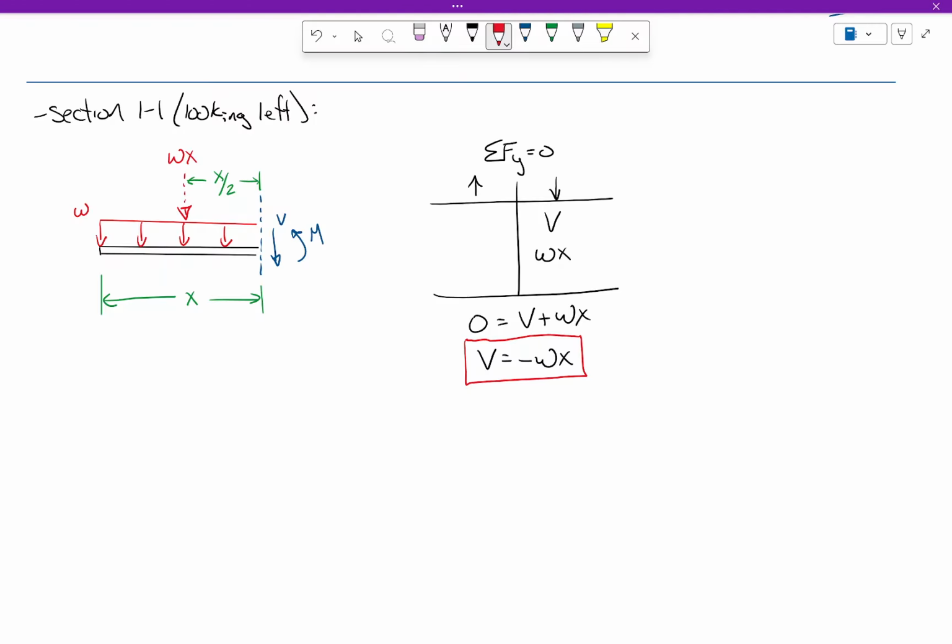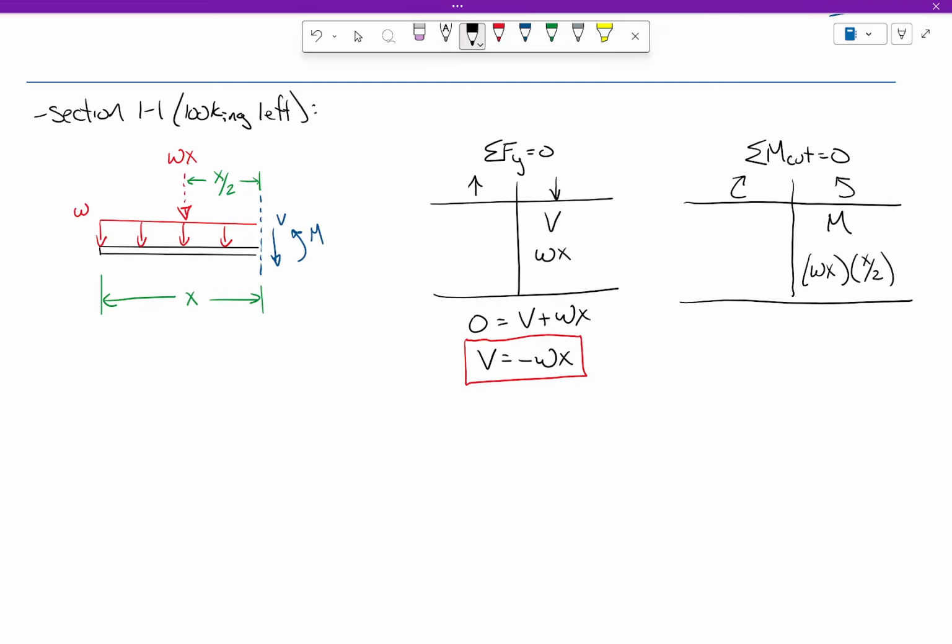So if I sum moments at the cut, what do I have? I have M going this way, and I have WX times X over 2 going that way, right?